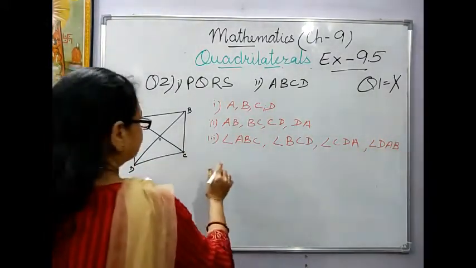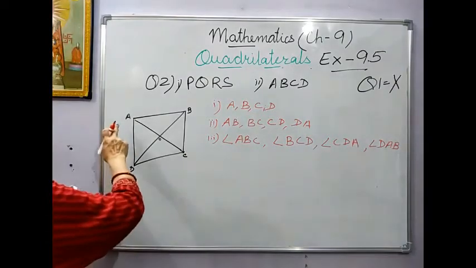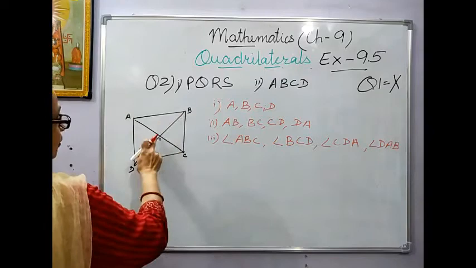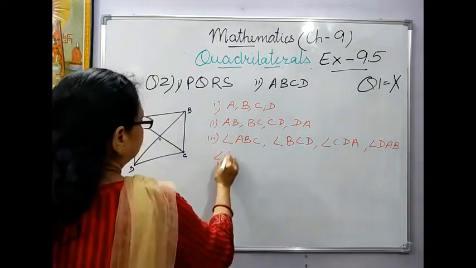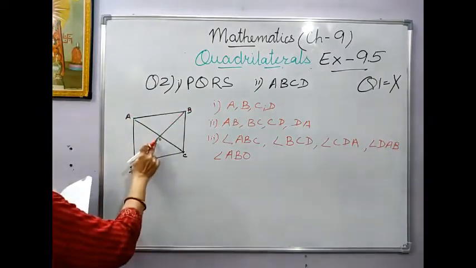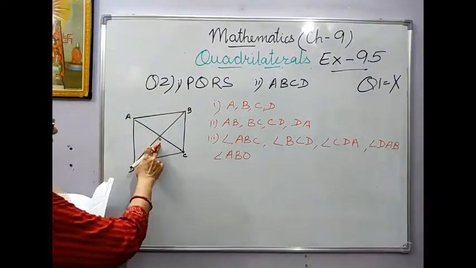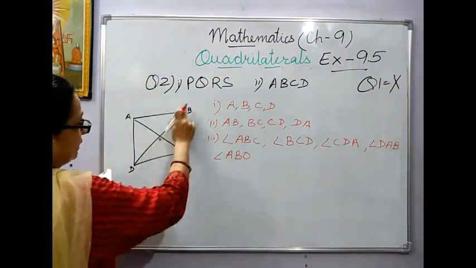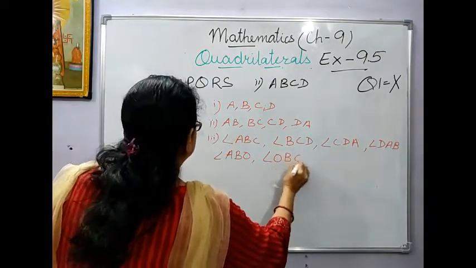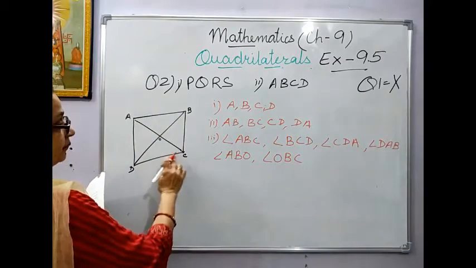Now other angles which are possible: you can have angle ABO. O is also there, so let me tell you this also. Then another can be angle OBC.